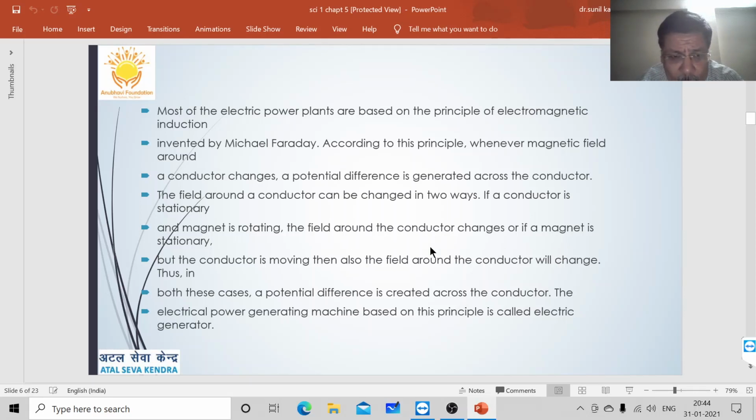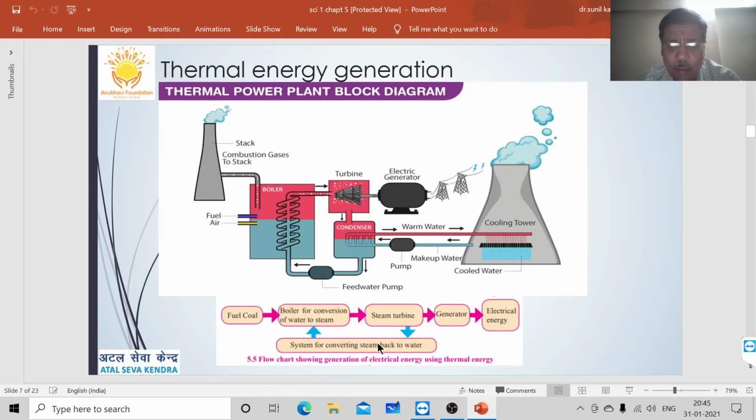If a magnet is stationary but the conductor is moving, in either condition, whether you keep the magnet stationary and the conductor moving, or the conductor stationary and the magnet moving, electricity is generated or a potential difference is created across the conductor. This is the principle of working of any generator. An electrical power generating machine based on this principle is called an electric generator. This is how the electric generator works.